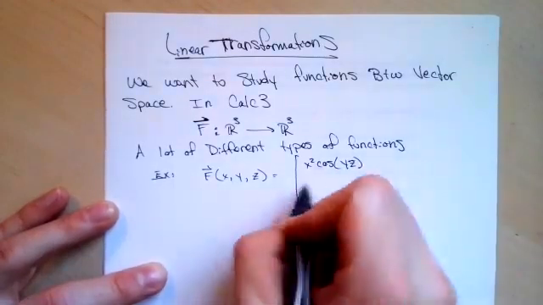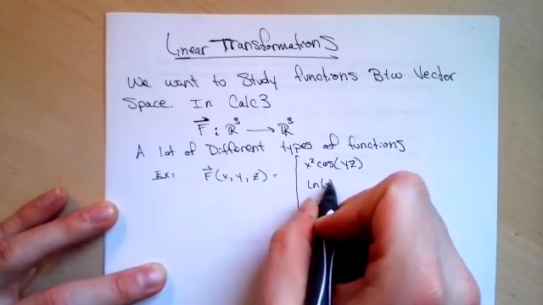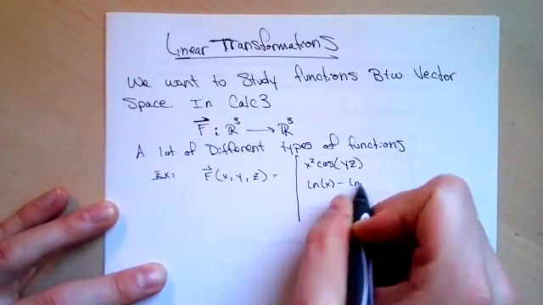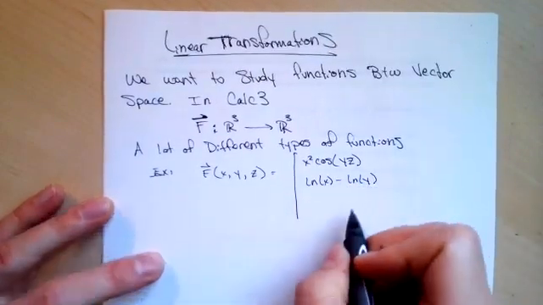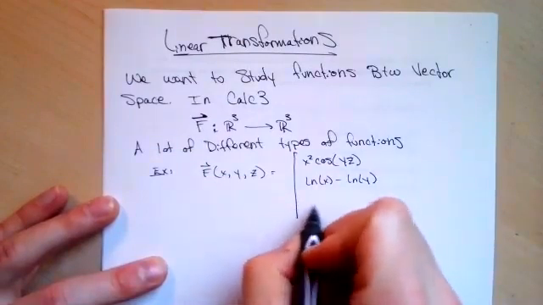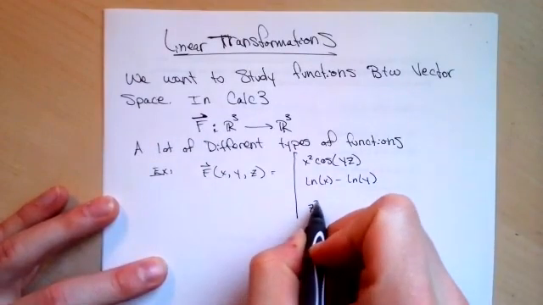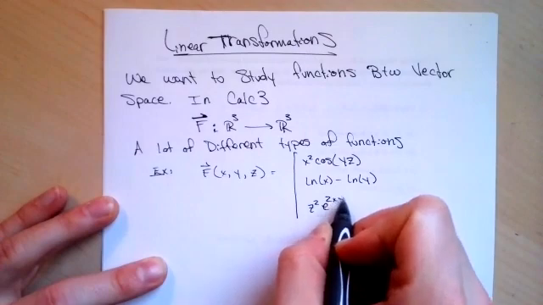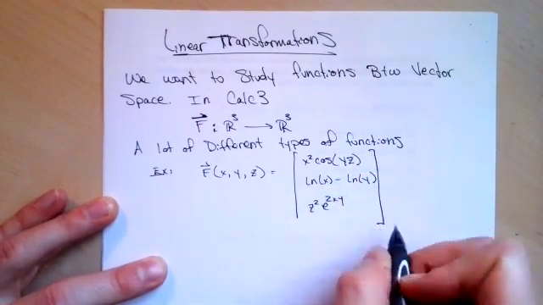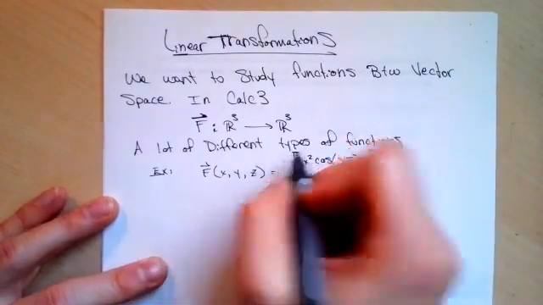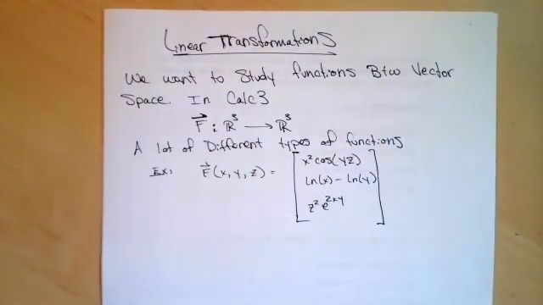The y formula might be natural log of x minus natural log of y. And then the z function could be z squared e to the 2xy. And this is really complicated. Well, I shouldn't say really complicated. It's fairly complicated.